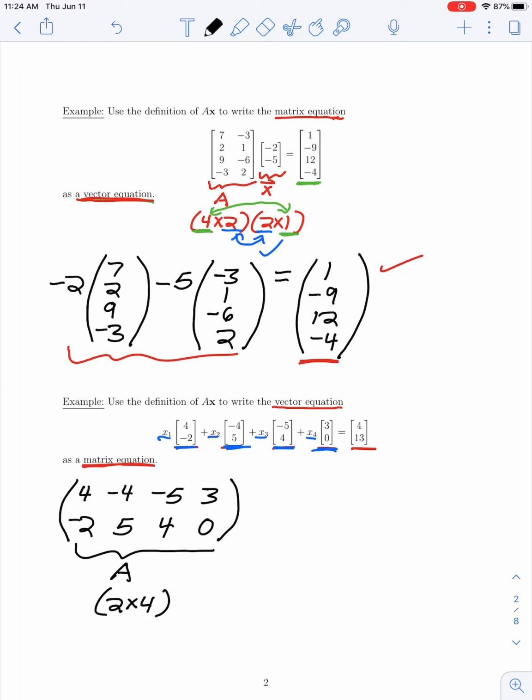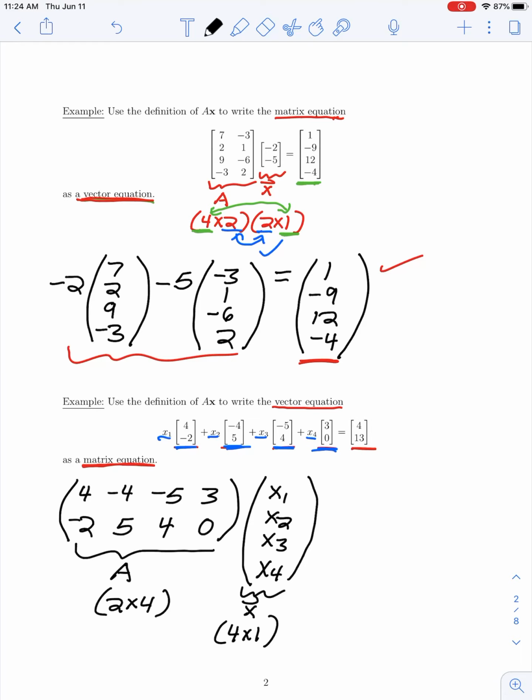And we're multiplying this by the vector x, whose weights are the weights shown in this linear combination, x1, x2, x3, and x4. So this is a vector x, which is a 4x1 vector.